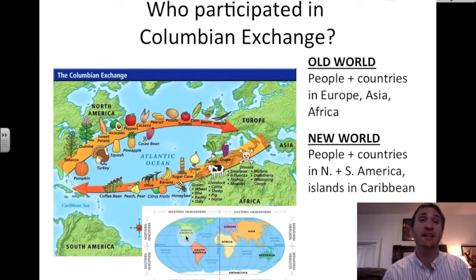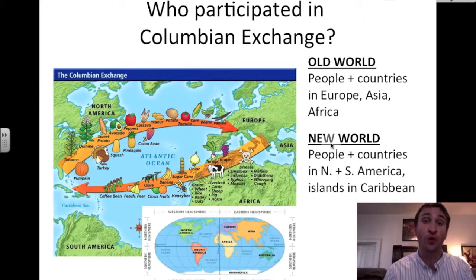Who participated in this large Columbian Exchange? Well, the Old World and the New World both did. Let's define these areas. First, the Old World are the people and countries in Europe, Asia, and Africa. In other words, the Old World existed in the Eastern Hemisphere.